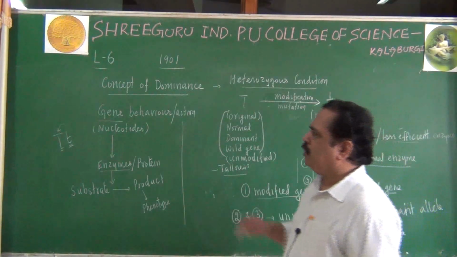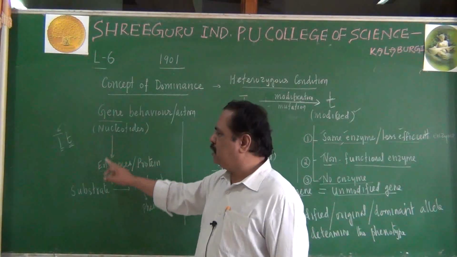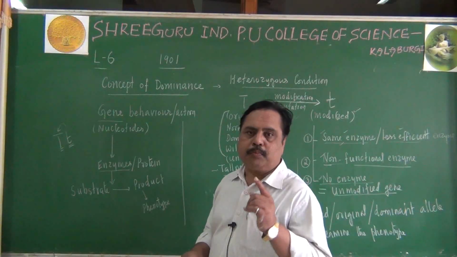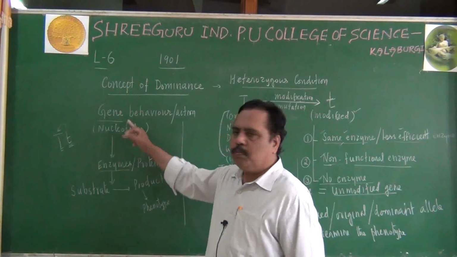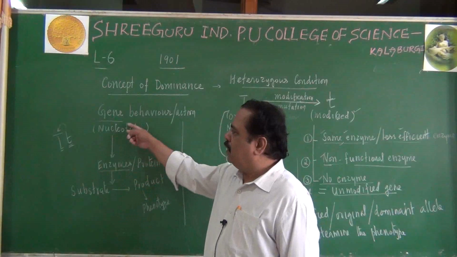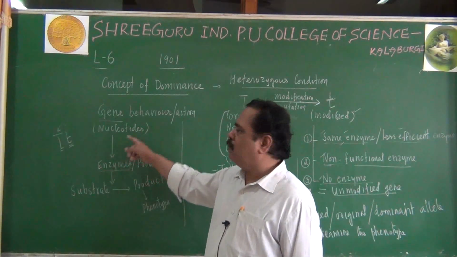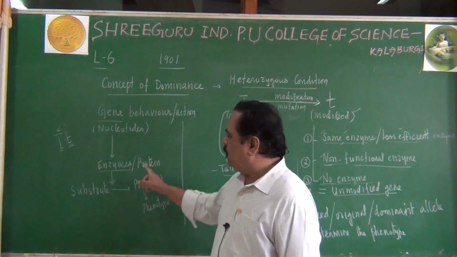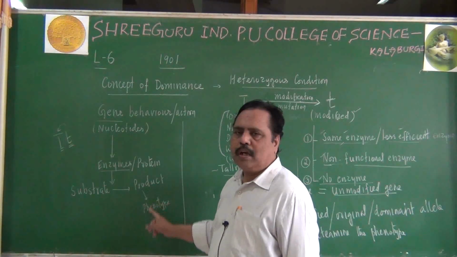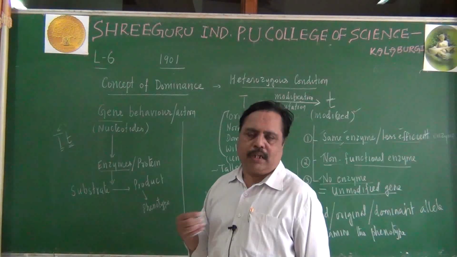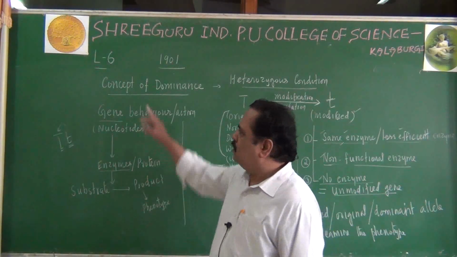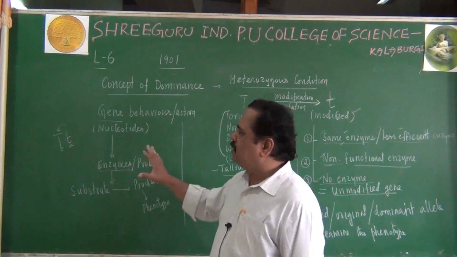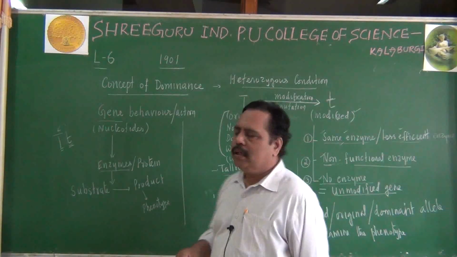Basically, you must know a gene is responsible for the production of an enzyme. They don't produce the enzyme themselves; they govern and control the process of enzyme or protein formation. That protein will behave like a product and give us our phenotype. The genotype is here, and the phenotype will be through the product. This is the point we have to remember.